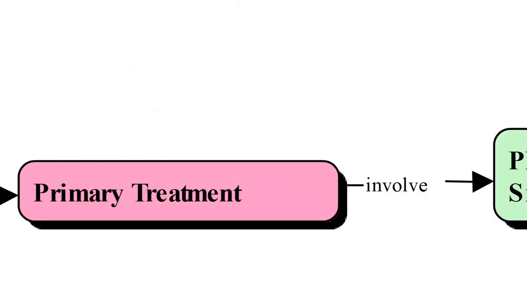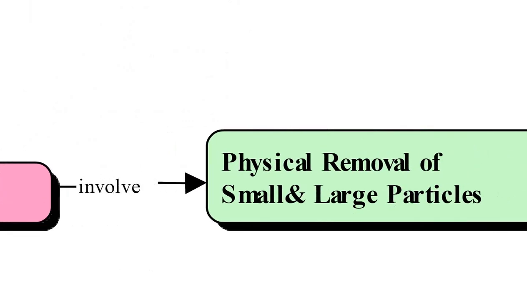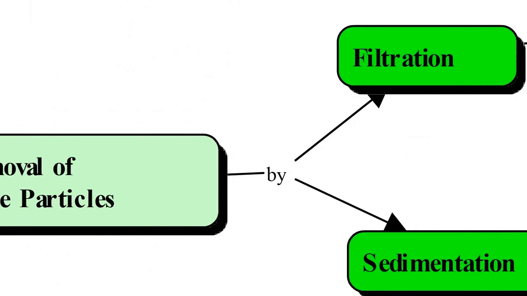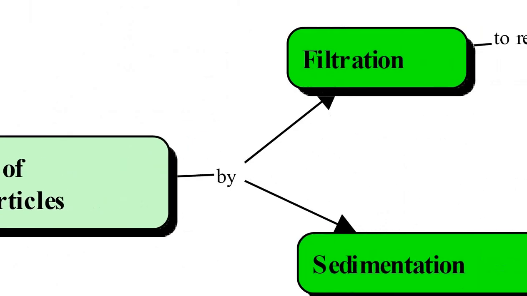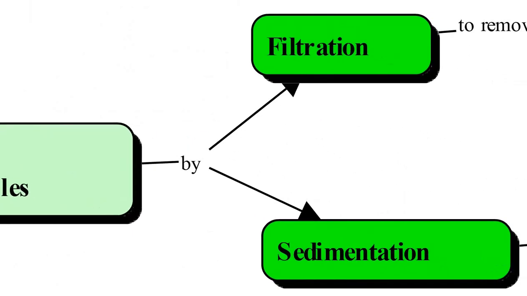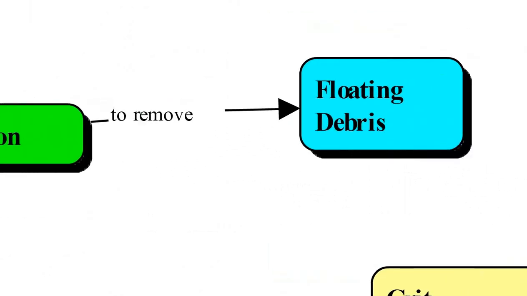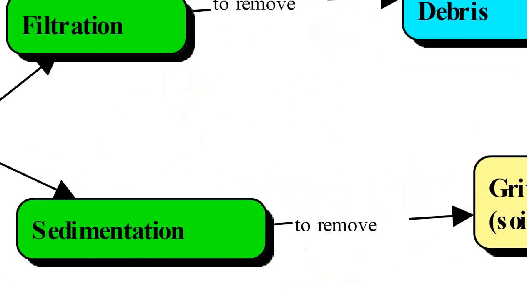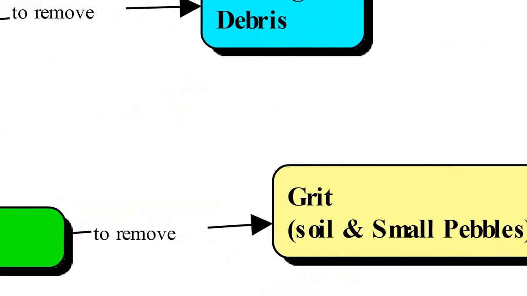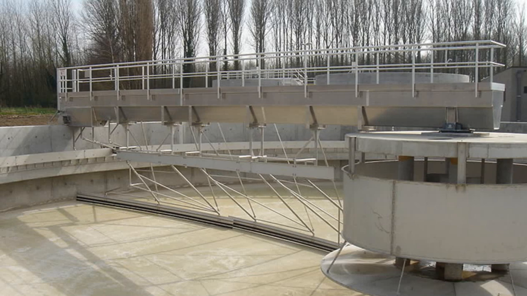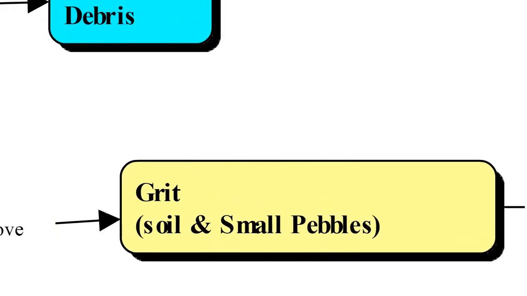Coming to the primary treatment, which involves the physical removal of the small as well as the large particles by different processes called filtration as well as sedimentation. Filtration is used to remove floating debris, and sedimentation is used to remove the grit, that means the soil as well as the small pebbles present in the sewage.